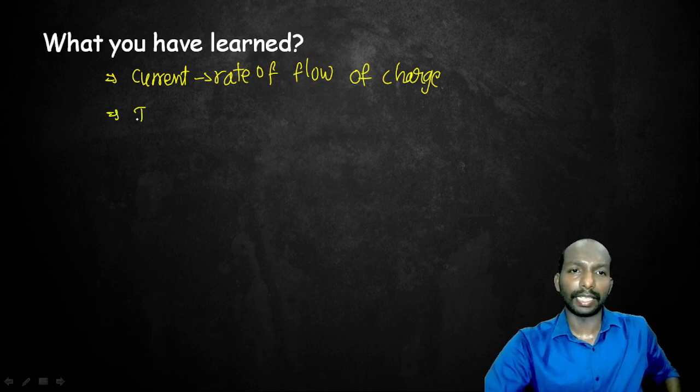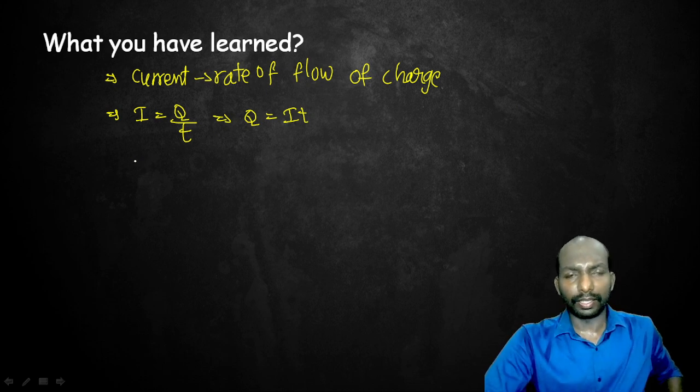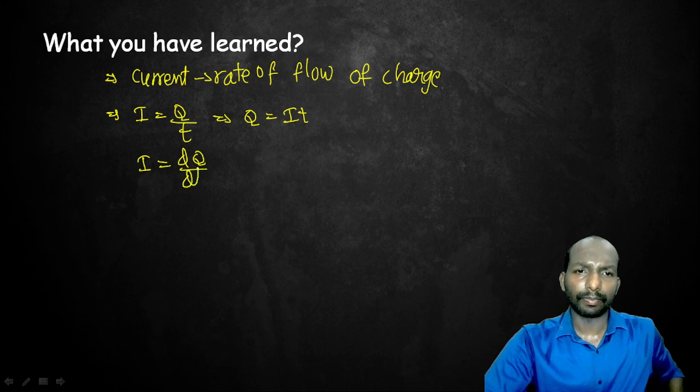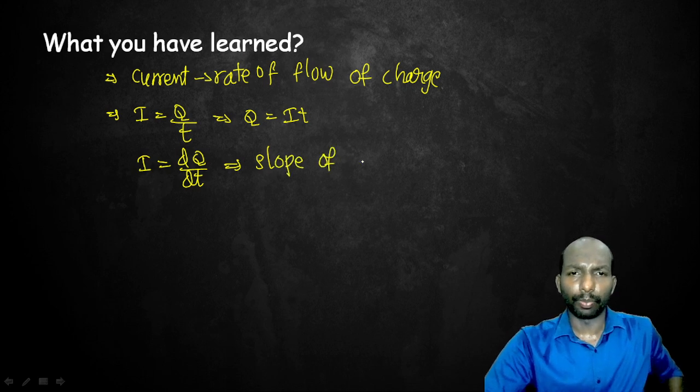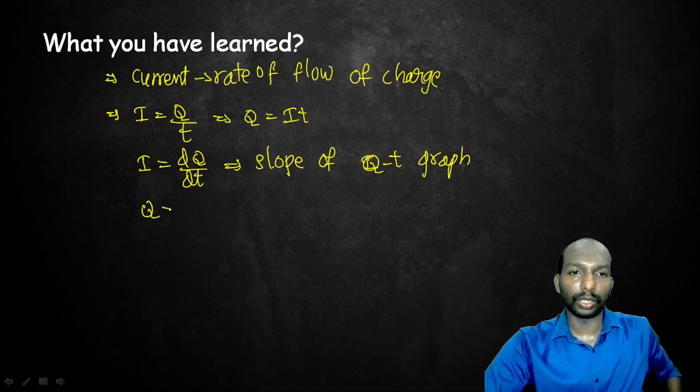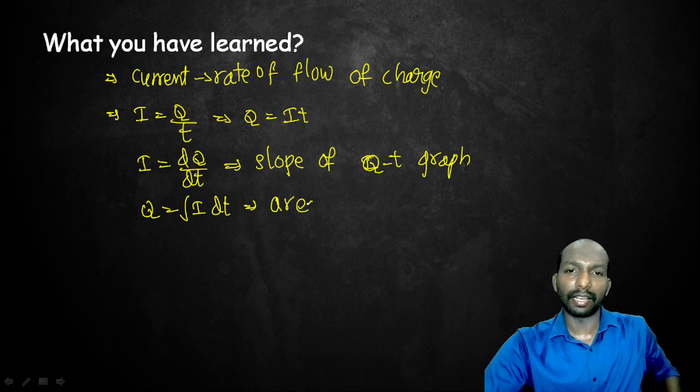Here the formula is I equals Q by T, and from this Q equals I into T. If current and charge are time dependent variables, then I equals dq by dt. It is nothing but the slope of the qt graph, the charge and time graph, and q equals integral I dt. It is nothing but the area under the current and time graph.